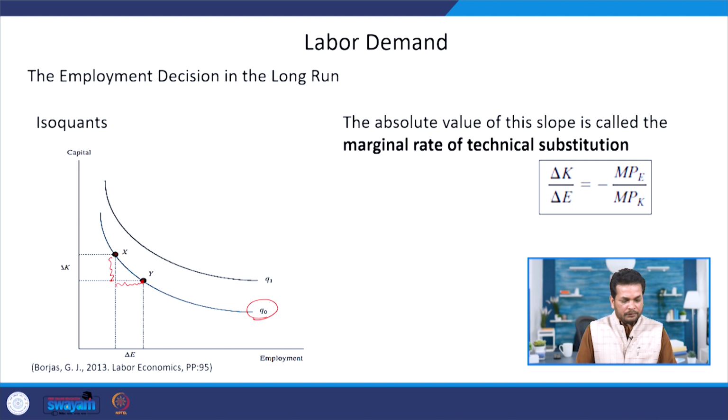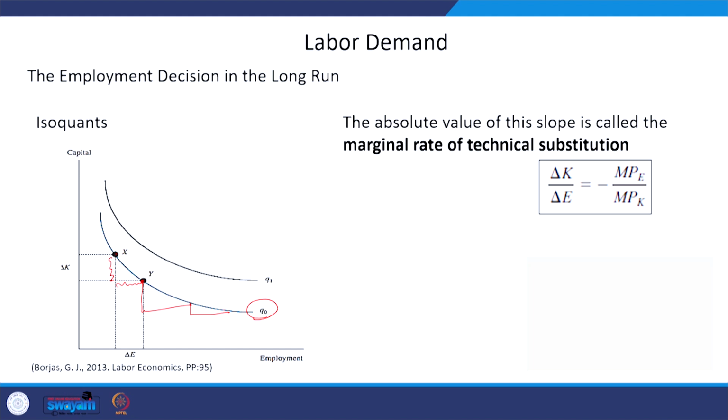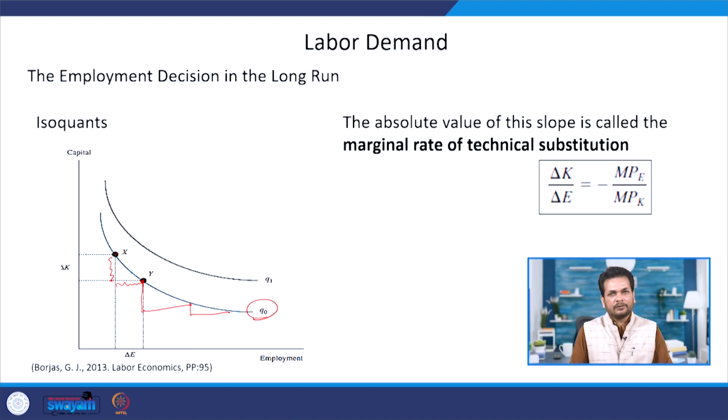So, the slope of this isoquant at each point is the change in capital over the change in employment. The technical term is the marginal rate of technical substitution. The absolute value of the slope of the isoquant is called the marginal rate of technical substitution, and this delta K by delta E is the ratio of the marginal product of labor to the marginal product of capital.